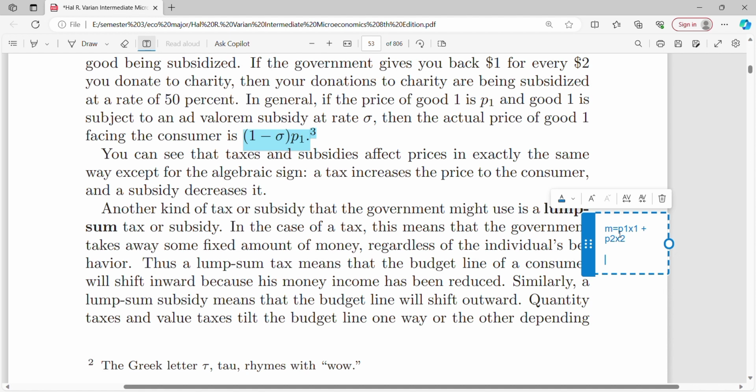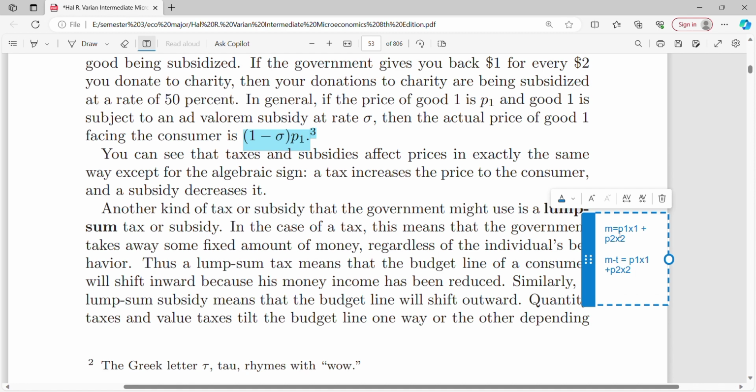So we can denote tax as T and subsidy as S. So if it is lump sum tax, it will be M minus T equal to P1 x1 plus P2 x2. This is the same as the change in income, the impact of change in income brought in this budget line. In the previous graph we have studied this.